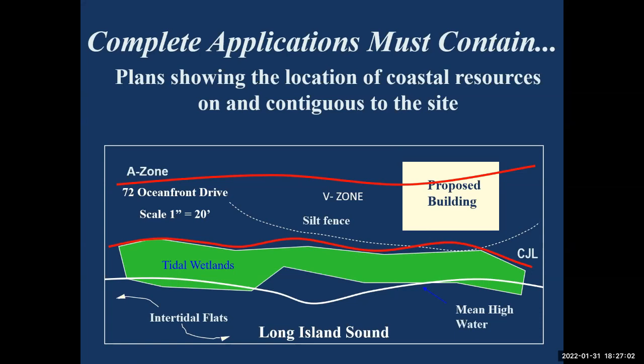And if you're just looking at this generally, you may be saying, wow, that building is pretty close to the tidal wetland. And for instance, I know Old Saybrook has a 50-foot setback, but if there's opportunity to maintain setbacks as much as possible, certainly that'll go a long way to protect the resource.